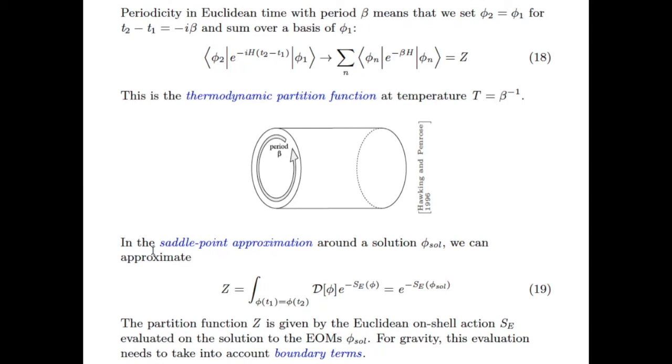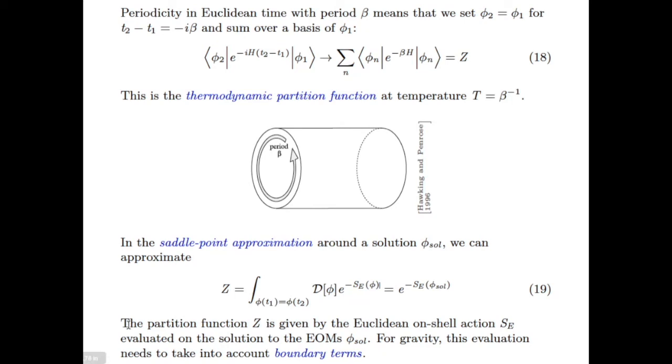And in the saddle point approximation, where we have a solution to the equations of motion, we essentially assume that this path integral is given simply by evaluating the action, now the Euclidean action, on that solution, and e to the minus that on-shell action is going to be the best approximation to the partition function, ignoring fluctuations around that, like quantum effects.